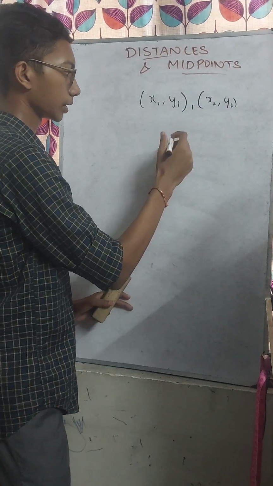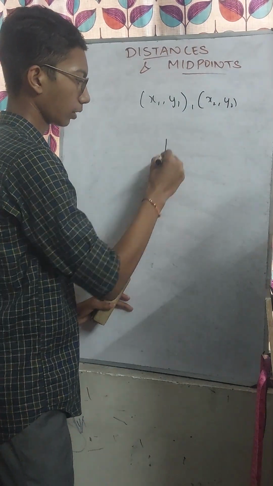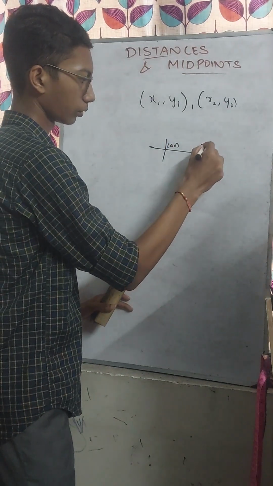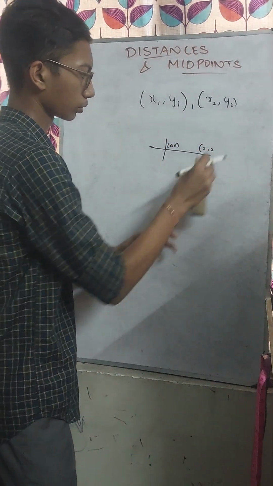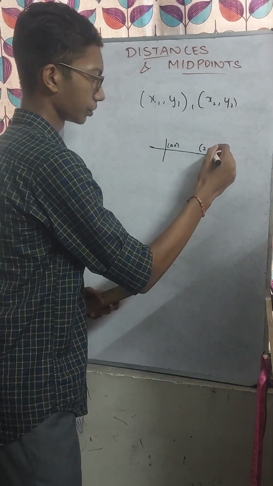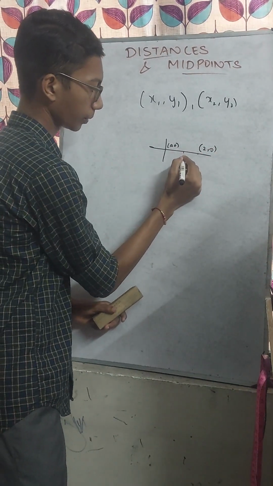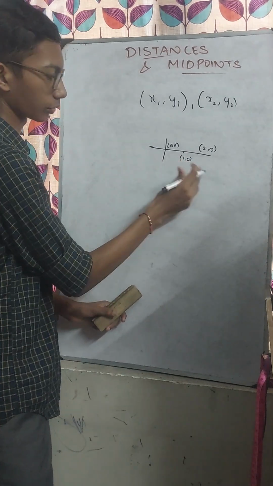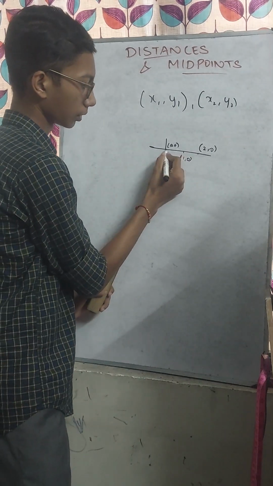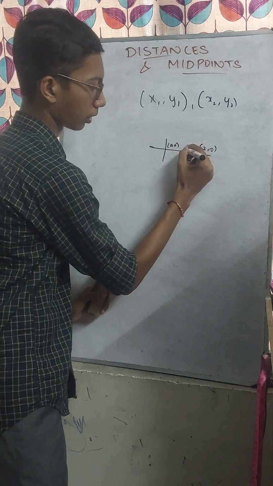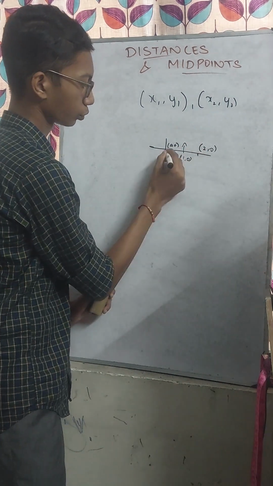Now, the next thing is midpoint. As the name suggests, let's say we have 0, 0 here, and we have 2, 0 here. Now what will be the midpoint of these two? The midpoint will be 1, 0, as we can clearly see. That is the middle point of these 2 points.